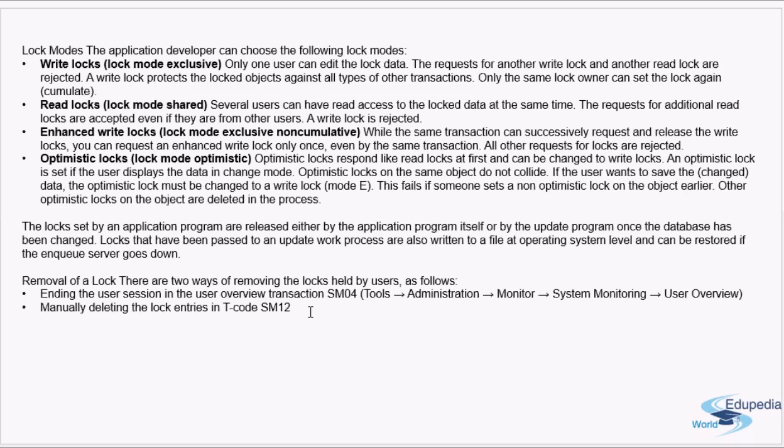In that case, if you're not able to find an active session for a few seconds, you shouldn't go and delete the log. That's why you have to check with the user before deleting any log in SM12. So these two are the ways through which we can delete the log entries.